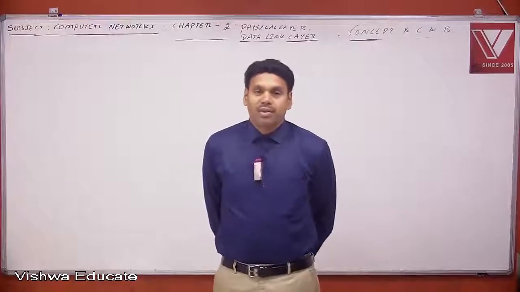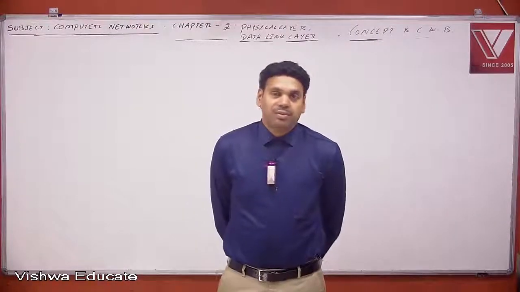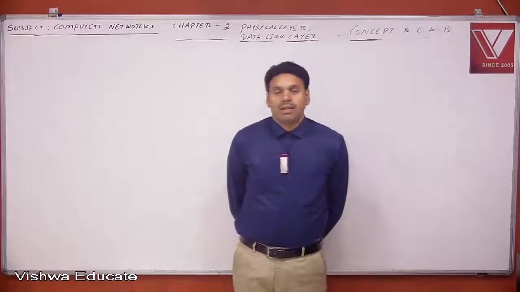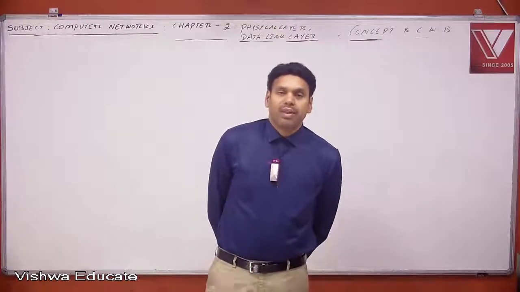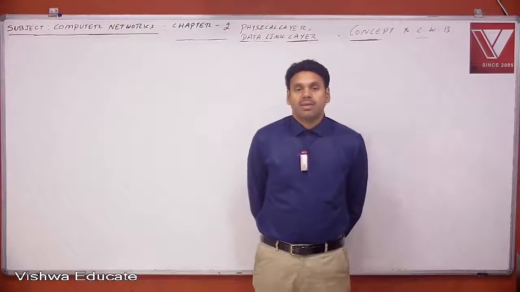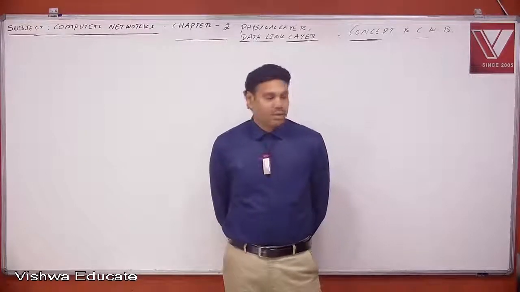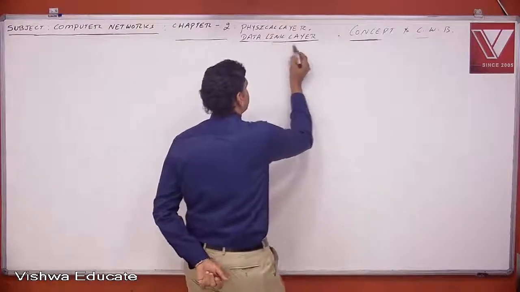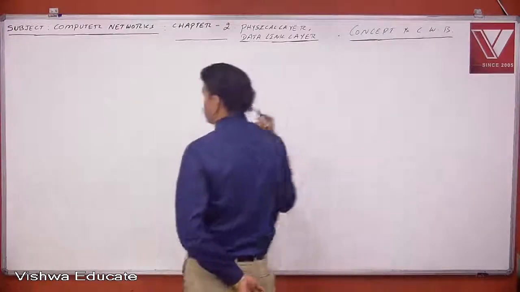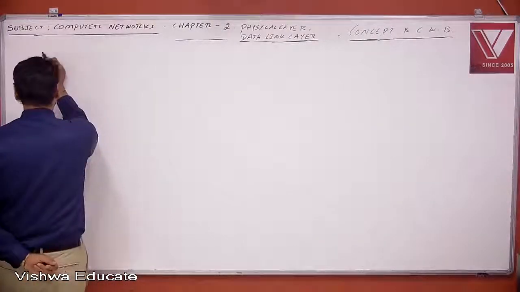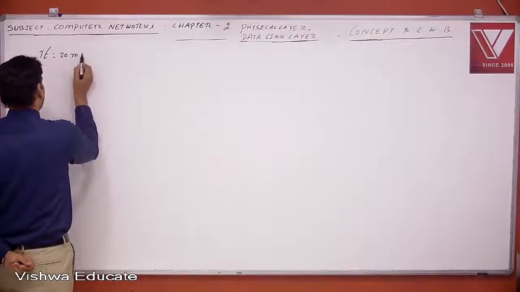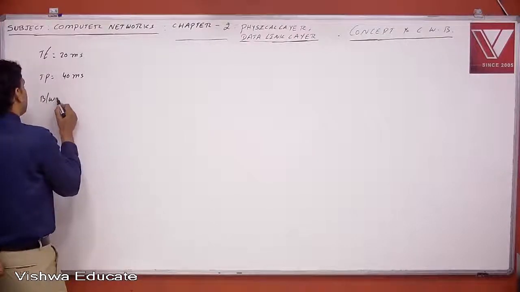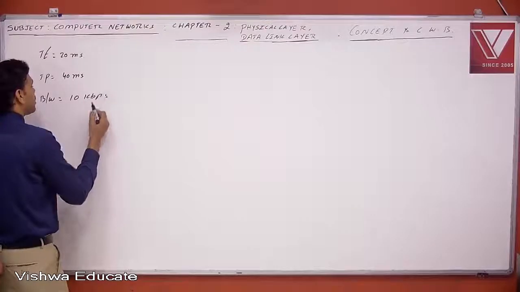Hello friends, welcome back to the sessions of computer networks. Last session we were discussing how to calculate the frame size when the efficiency is mentioned as 100, 50, or 60%, and the parameters which are mentioned there as Tt equal to 20 ms, Tp equal to 40 ms, bandwidth is equal to 10 kilobits per second.